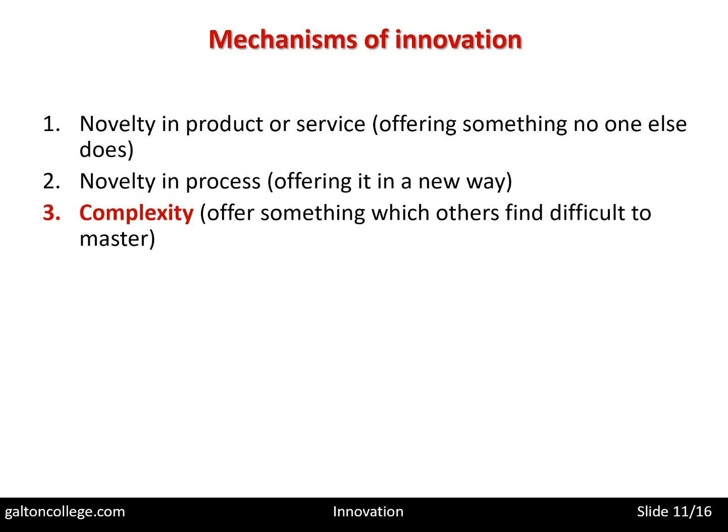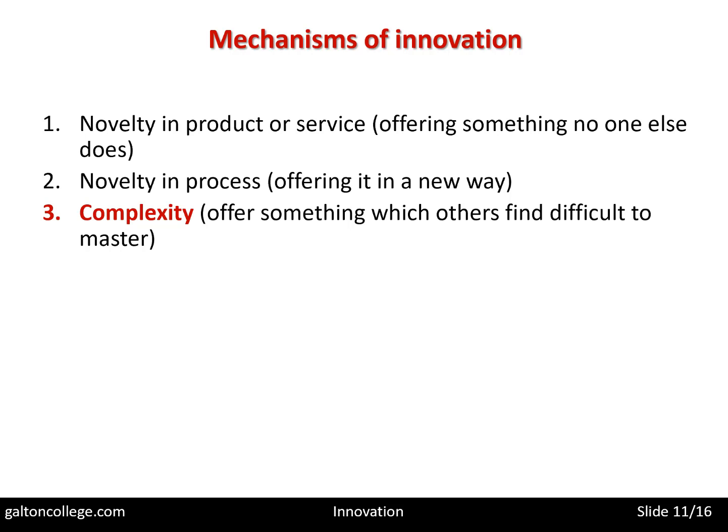If the innovative product is complex, then it's likely to create some sort of monopoly power for the producer. If it's complex, it means that the competitors will find it difficult to copy it. And the more complex it is, the safer it is. It doesn't mean it won't eventually be copied.